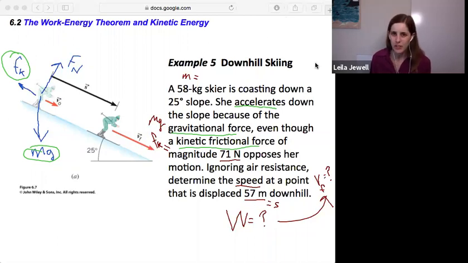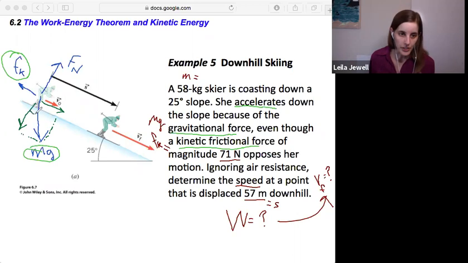But how much of it? Well, that is where we want to figure out how much of this gravitational force is acting along the slope. So we've done this a few times at this point, where we can break this down into a component of the gravitational force that is acting along the slope and another component that is just pushing the skier into the slope.